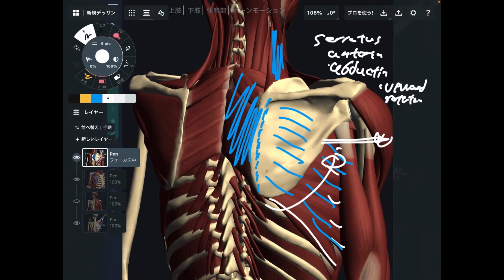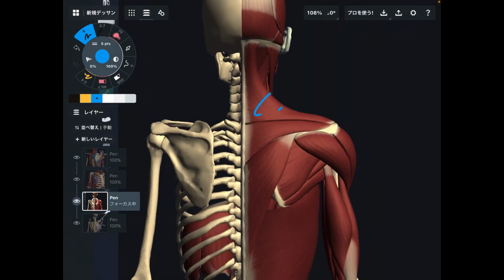Then what kind of muscles do upward rotation? Serratus anterior and trapezius. So that is why flexibility and mobility of shoulder girdle muscles are so important to accomplish good shoulder joint movement.